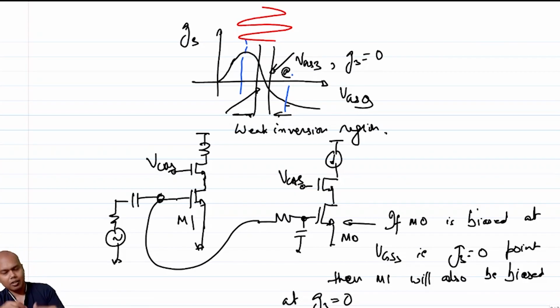Variation of G3 means you have higher order derivatives of G3, which means you have G5. So when you have large signal swing, the G5 distortion starts dominating. Even though this kind of topology works in certain cases, you have to be careful with regard to the amount of signal swing that you can experience.